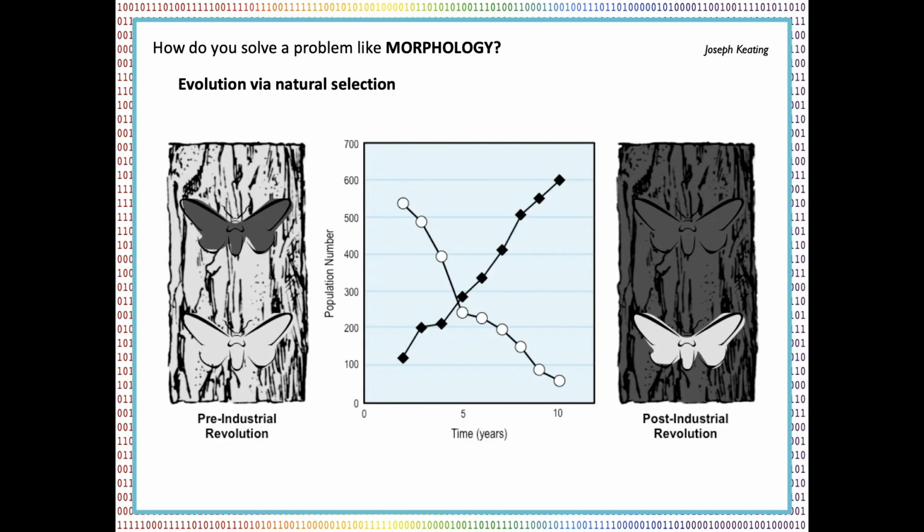Unfortunately, morphology evolves over such long timescales that we cannot conduct empirical experiments to observe it happening. However, there is abundant evidence that corroborates Darwin and Wallace's hypothesis. Over short timescales, we can observe how natural selection affects population structure when environments change.